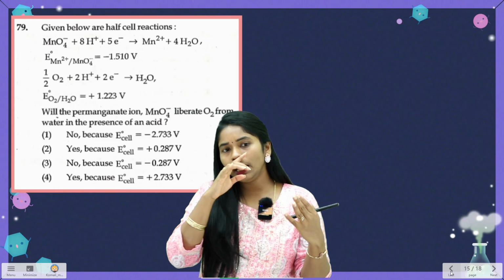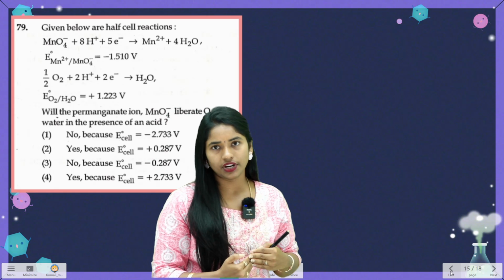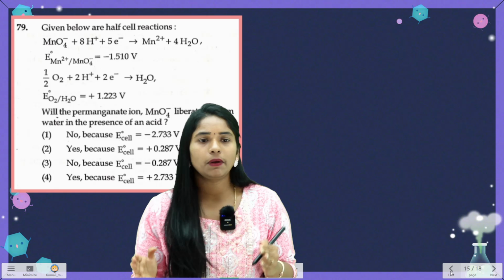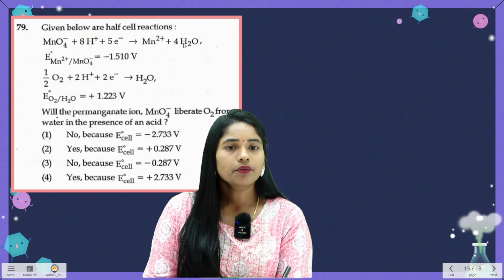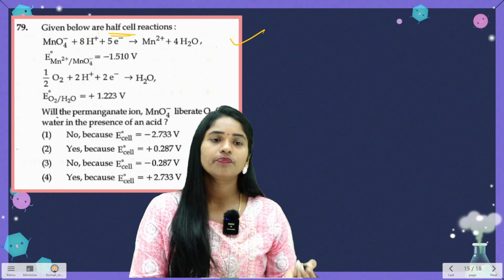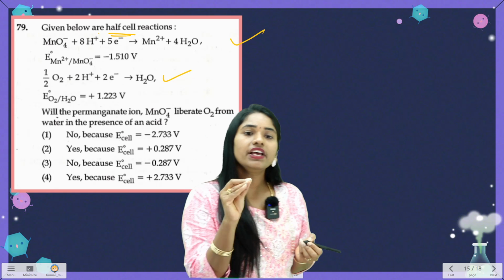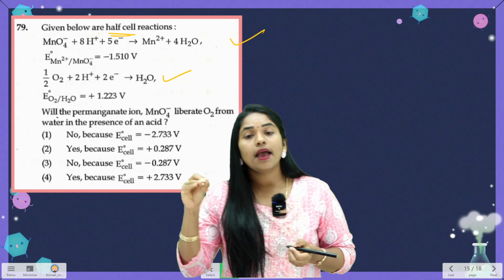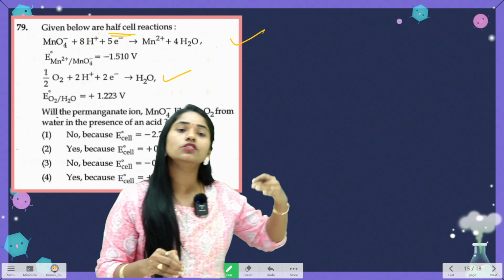Let me explain how to solve this question. We have two half reactions. This is one reaction and O2 is another reaction. The question is, will the permanganate ion MnO4 minus liberate O2 from water in presence of an acid?